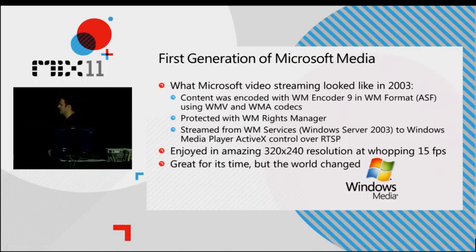So we just released Windows Media 9 series, and the workflow typically in those days was that you probably started by encoding your video with Windows Media Encoder 9. You encoded it to the Windows Media file format, or ASF file format as it was officially known. You probably used Windows Media video codecs and audio codecs to do that.